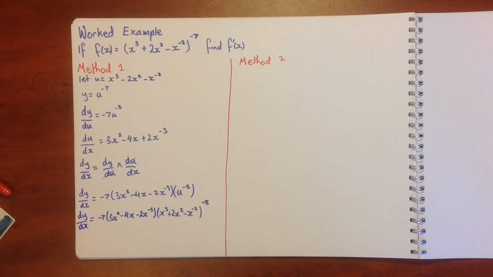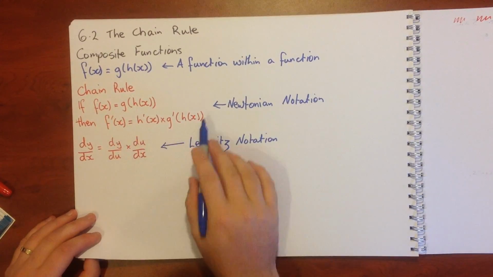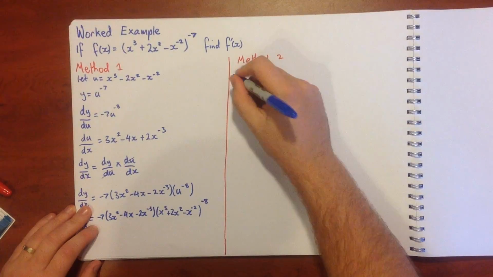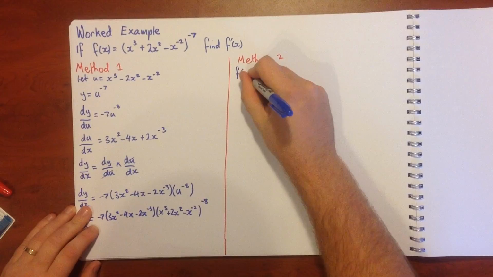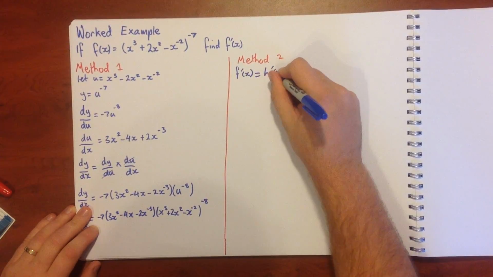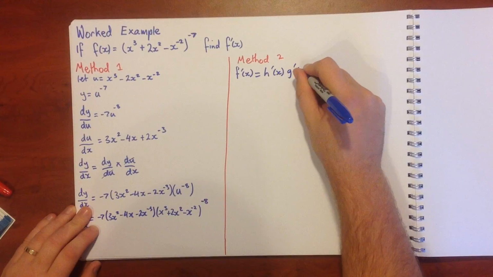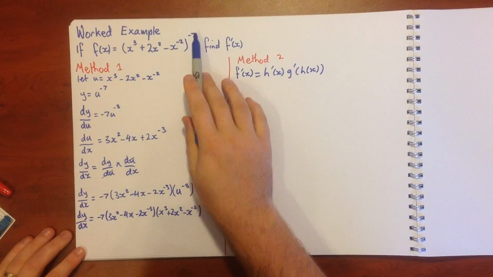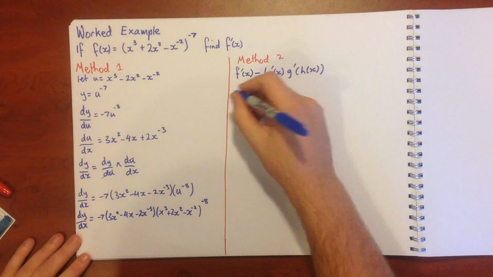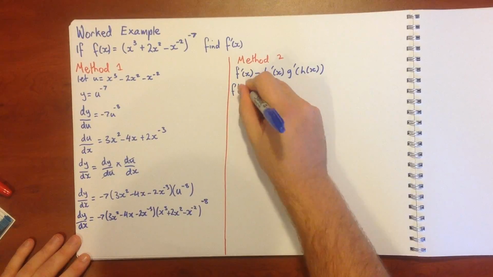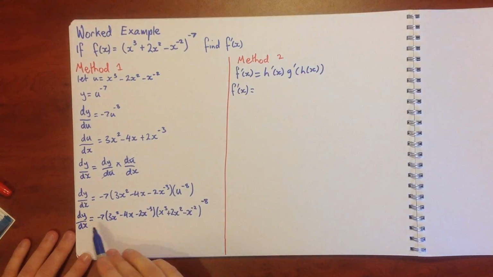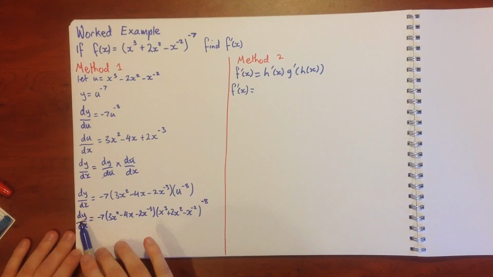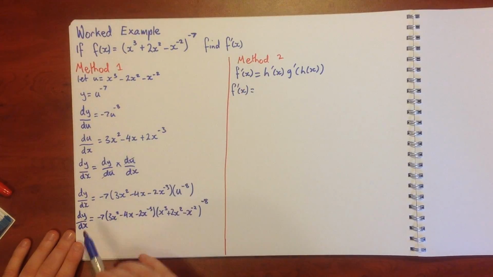Method 2 is really utilising this: f dash of x equals h dash of x times g dash of h of x. We bring our power down the front because we know we have to do that. Sorry, I just remembered, we changed our terminology here to dy dx, but the question actually wanted f dash of x, so at that last step we should put f dash of x again.